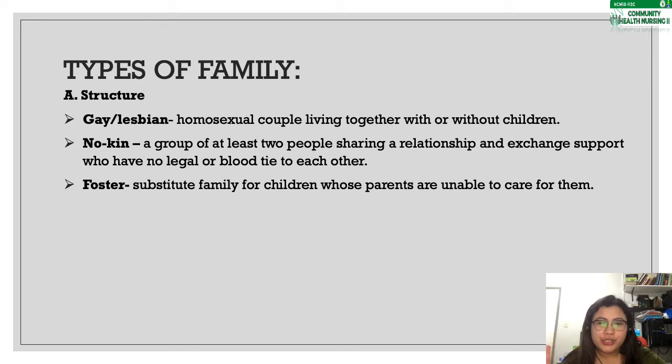That is the no-kin. It is different from the dyad, because the dyad is a married couple without children. The no-kin are not related by blood or through marriage, but they are living together. They can be friends, and they share a relationship, friendship, and they exchange support.